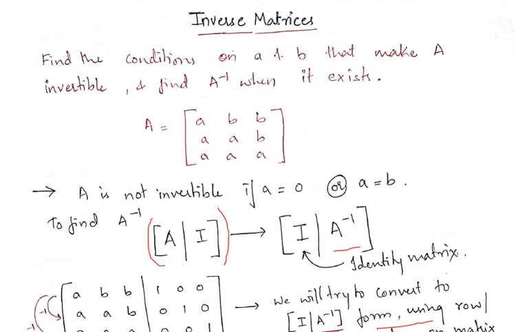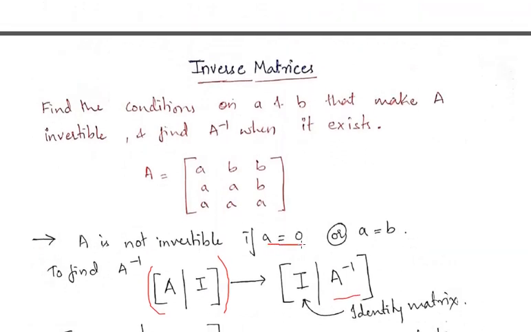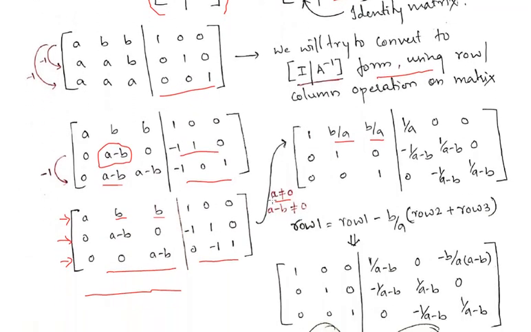So what we said in the starting, by our previous knowledge, was that if a is equal to 0, we cannot find the A inverse. Exactly, that is the information we got here: a cannot be 0 from the first row. Similarly, considering the second and third rows, what do we get? A minus b is not equal to 0, which means a is not equal to b.